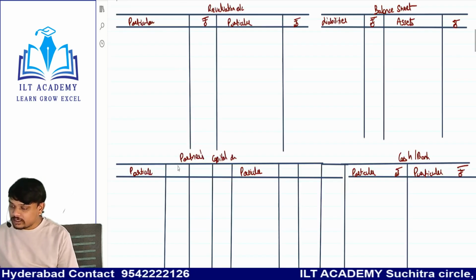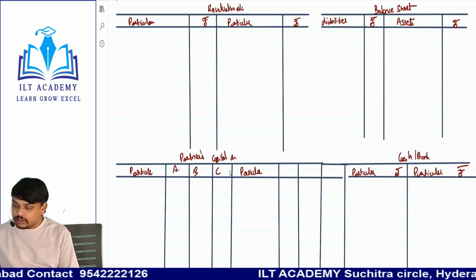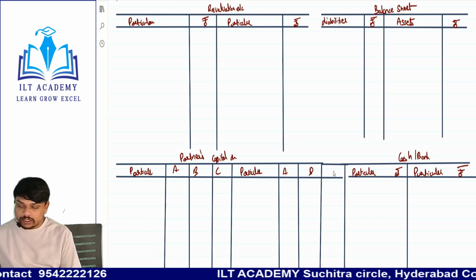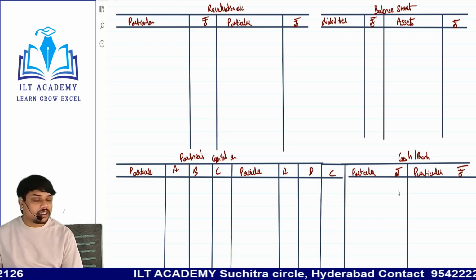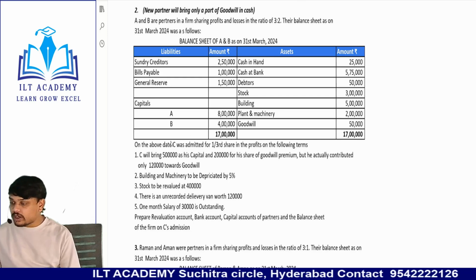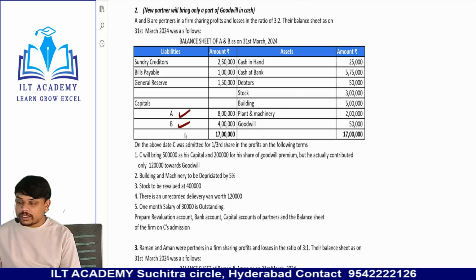Let us understand the question. Without reading the question, we can follow simple steps to close these accounts. Revaluation account, partners' capital account, balance sheet, and cash in bank account you need to prepare. So how to do it? First, we need to record our capital balances.